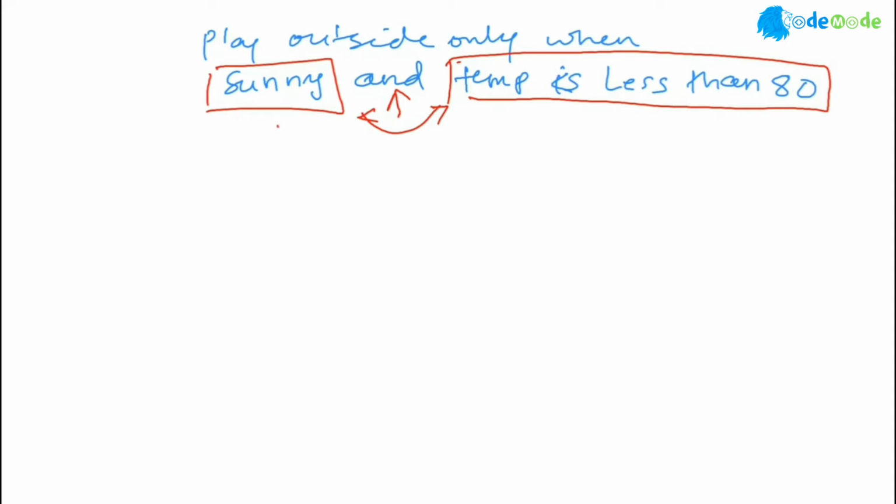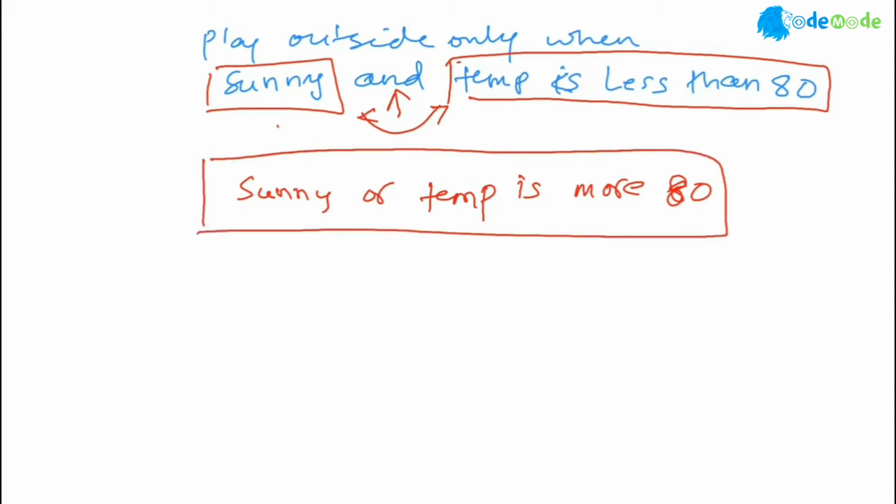But if you say it's sunny, or I flip this and I say temperature is more than 80. Suppose I say a fixed condition where you can play if it is sunny or temperature is more than 80 degrees, right? So now today's temperature is 70 degrees. Will you play? Rahim, what do you think?